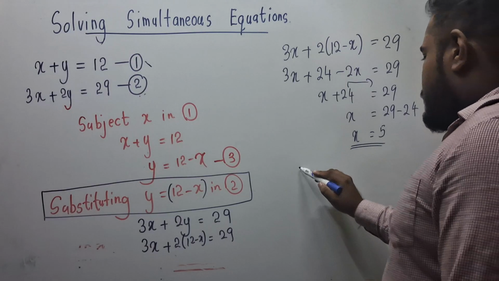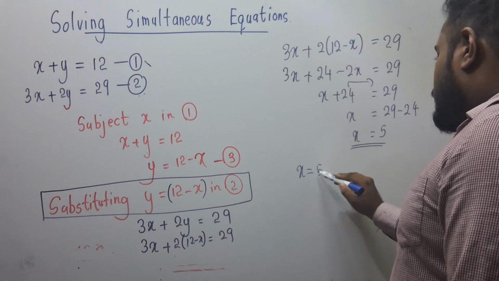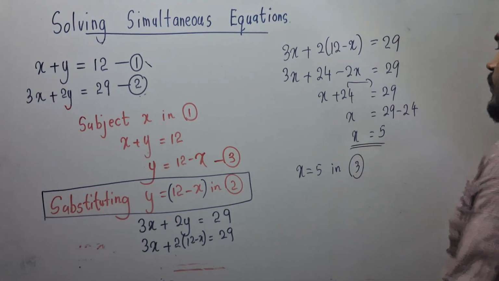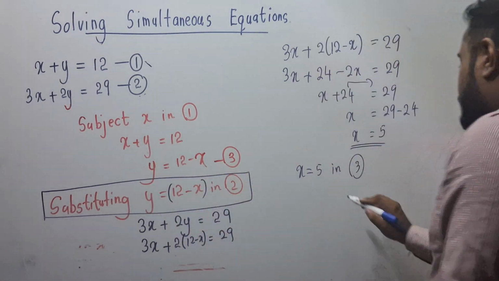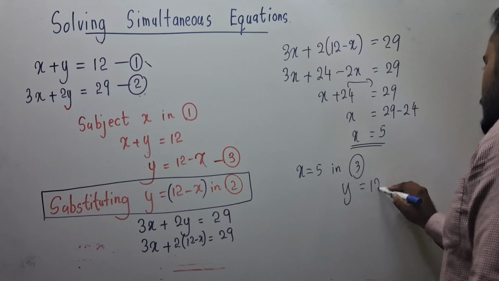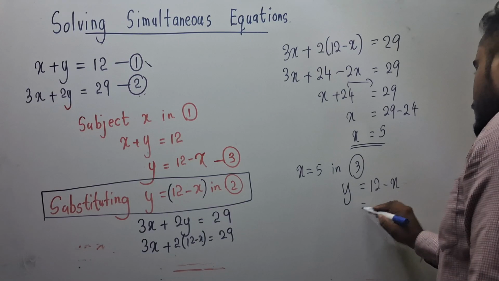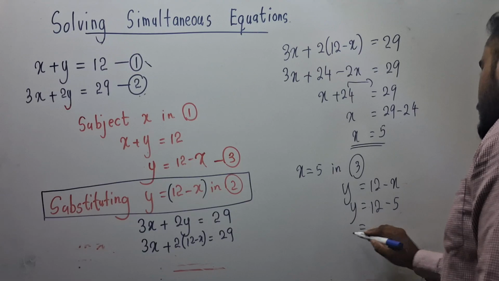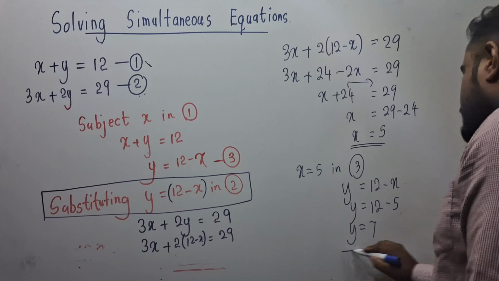Then you can substitute x equals 5 in equation number 3. Y equals 12 minus x. Y equals 12 minus 5. Y equals 7.